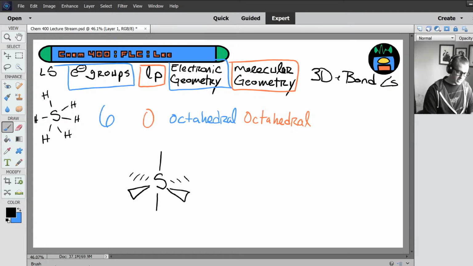That's the first way to draw an octahedron. The second way is you can draw 4 bonds in the plane of the board, 1 wedged, and then directly across 1 dashed. And like I said, either one is 100% correct.